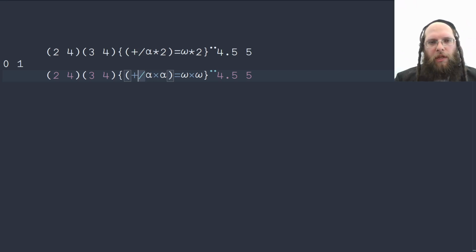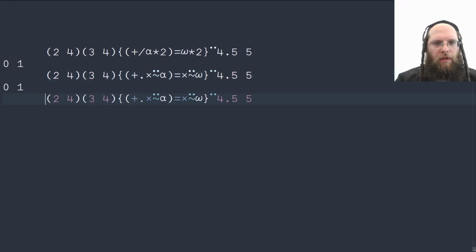A scalar reduction over the application of a scalar function is the same thing as an inner product. And here we have the same argument being used twice on the inner product, which means we can use the selfie or commute operator. We can do the same thing with commute for the multiplication. Just a different way of stating the same thing.